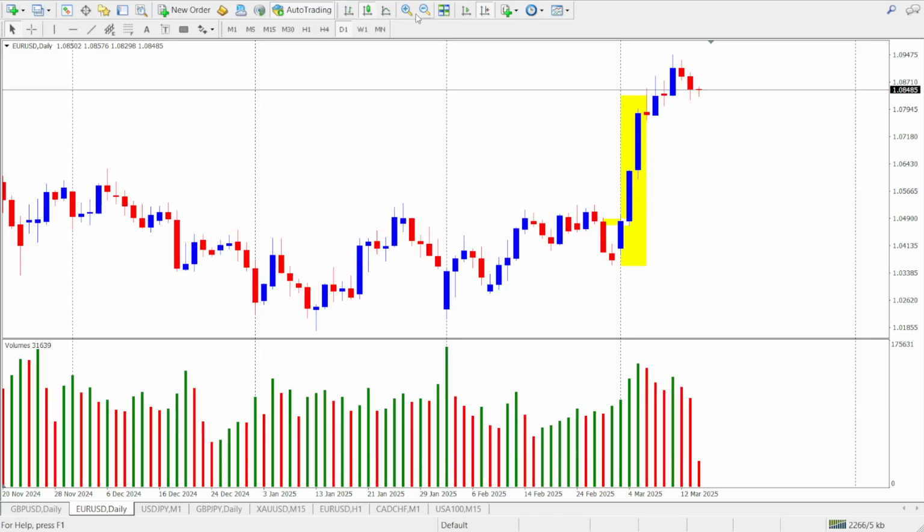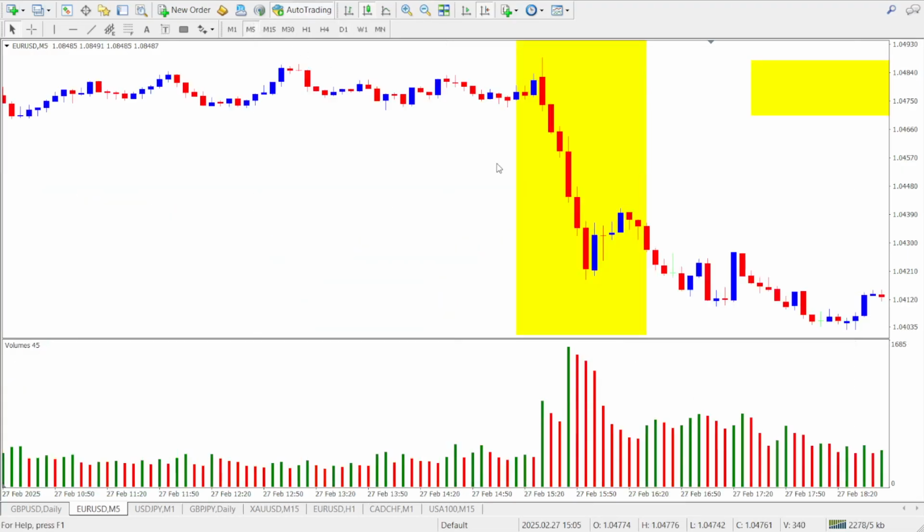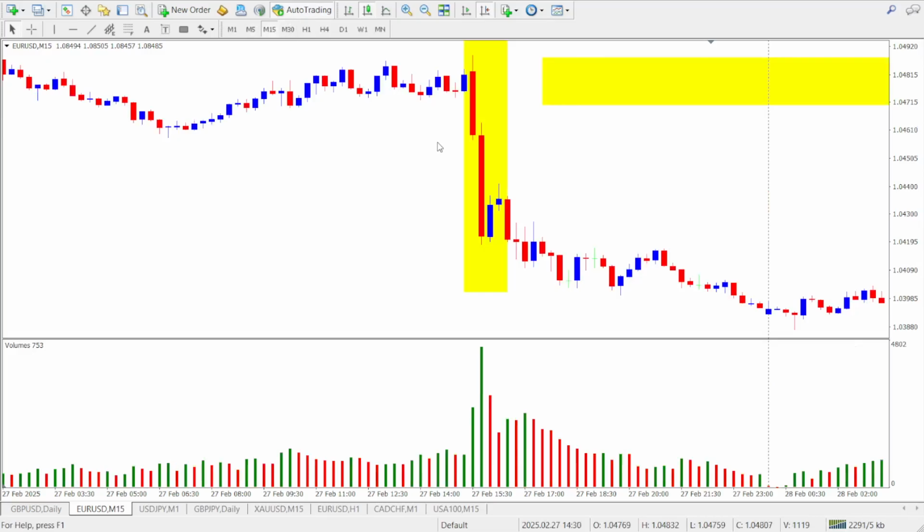For scalping, you can just look at the 5 minute and 15-minute charts to find short-term imbalances.